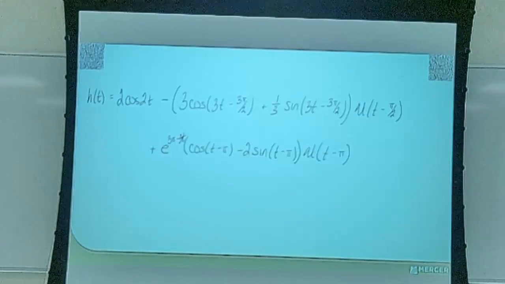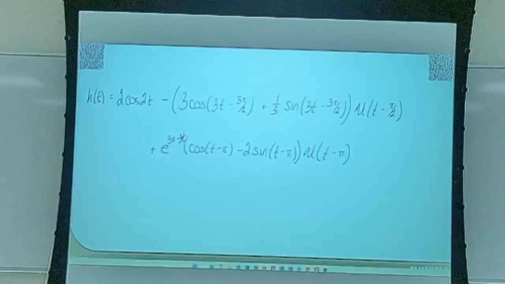Yeah, so what you could do now is use trig identities to simplify that. Right, so use your sum and difference identities. I'm too lazy to do that.